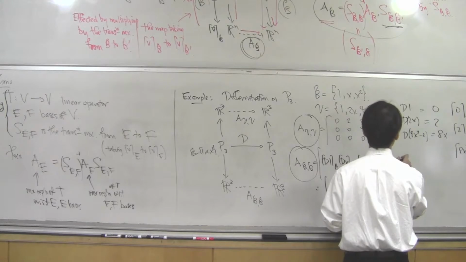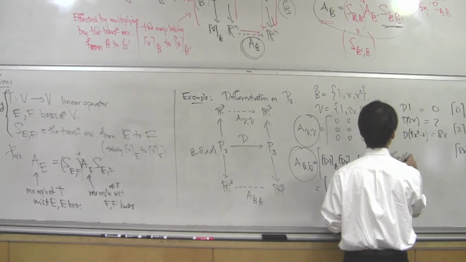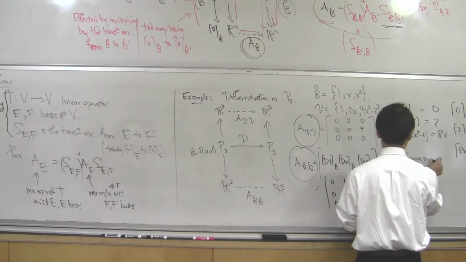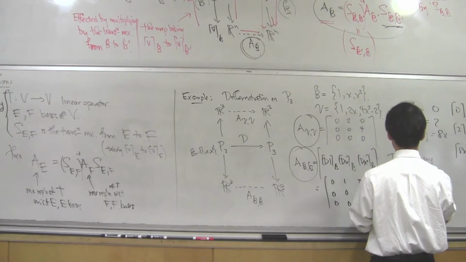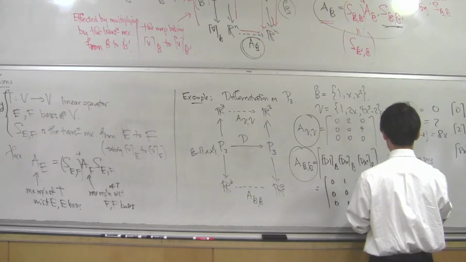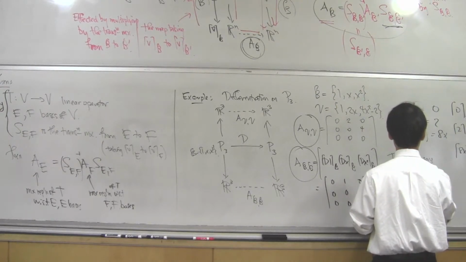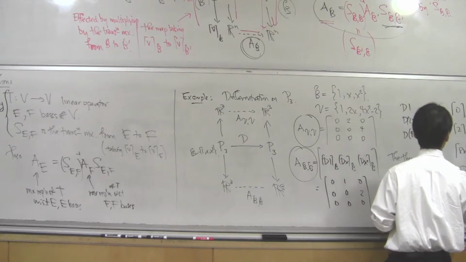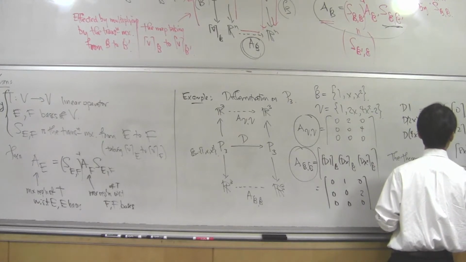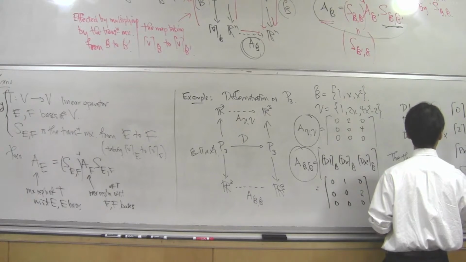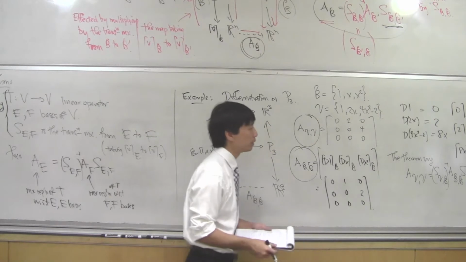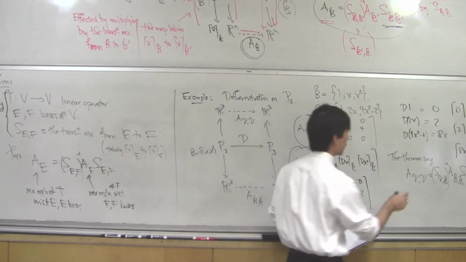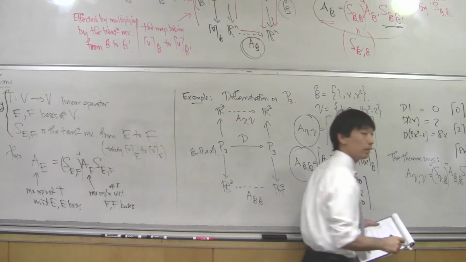So the theorem says that A_VV equals S_VB A_BB S_VB inverse. Right?